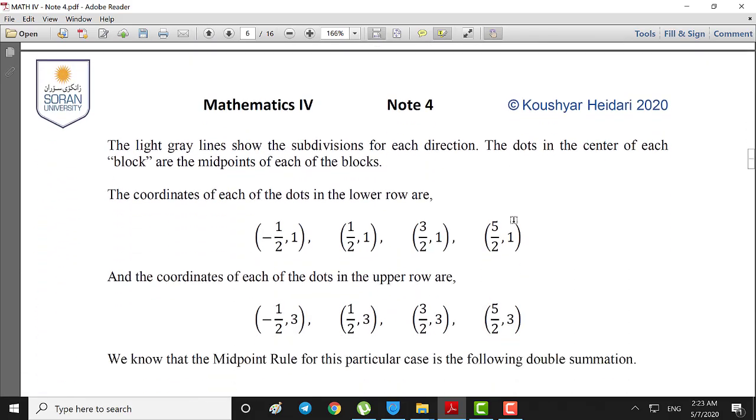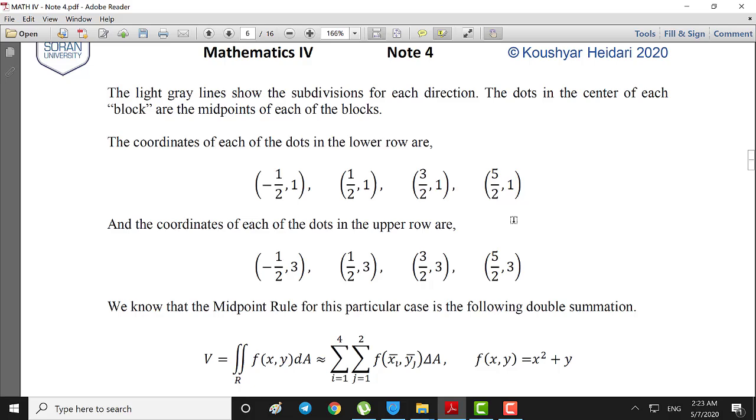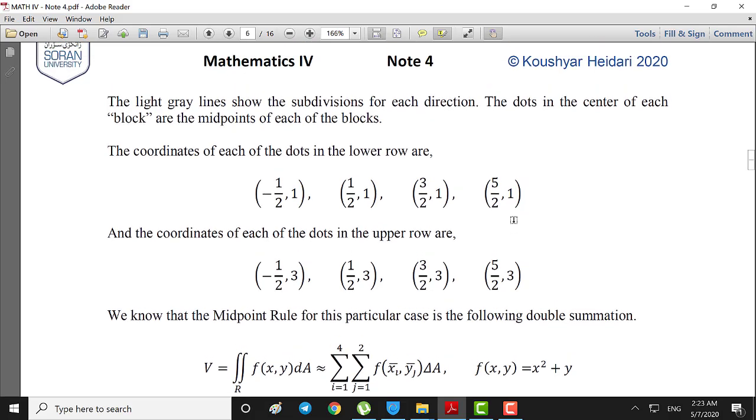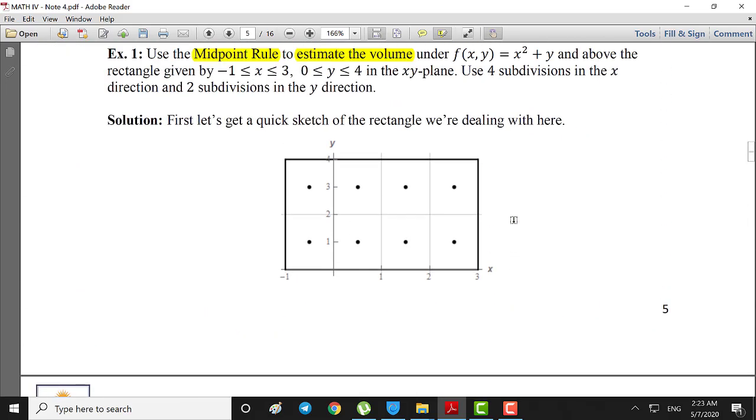Now, using the midpoint rule means choosing xi star and yj star as the midpoint of each of these smaller rectangles, as we've done.